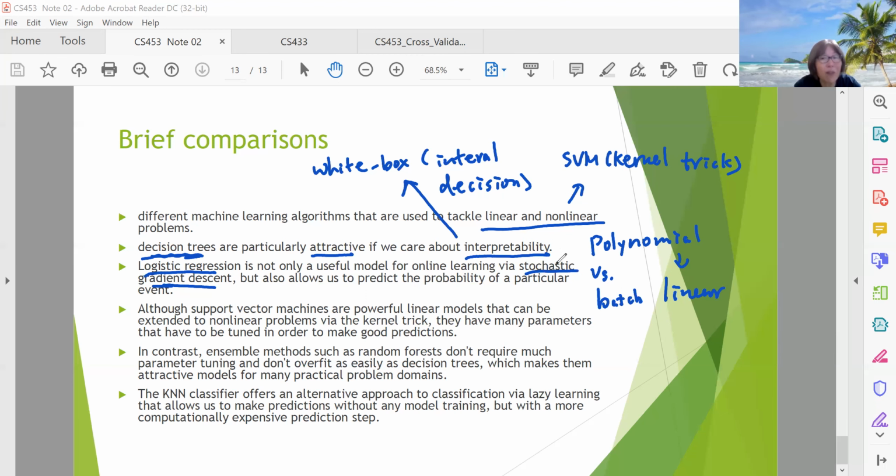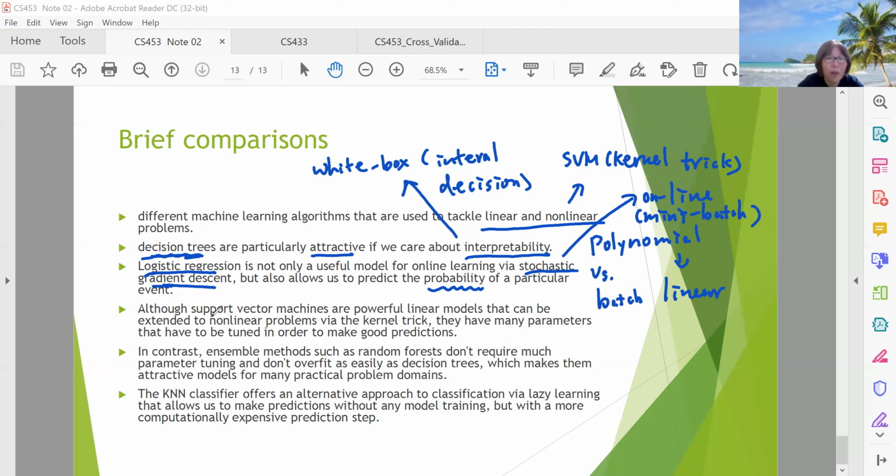But the stochastic one we call an online algorithm, because it's one by one. Of course, it also supports mini batch, if you recall. But with logistic regression, what it focuses on is the probability of some classification. It's not purely yes or no, it's the probability of yes or no.